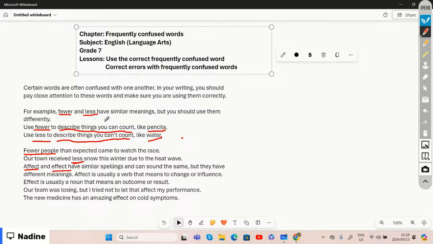We said they have similar spellings and may sound the same, but when it comes to affect and effect, the meanings are different.